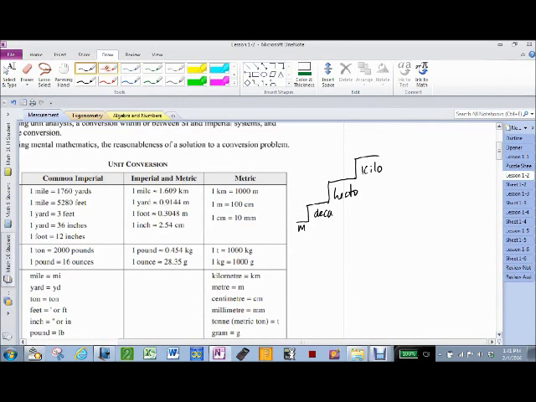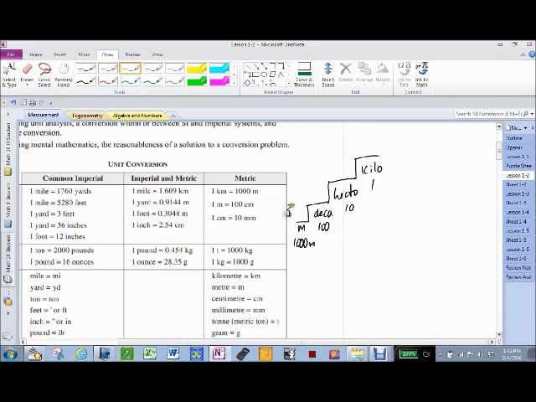If I had 1,000 meters, how many decameters do I have? 100. How many hectos? 10. How many kilos? 1. Everybody got it?